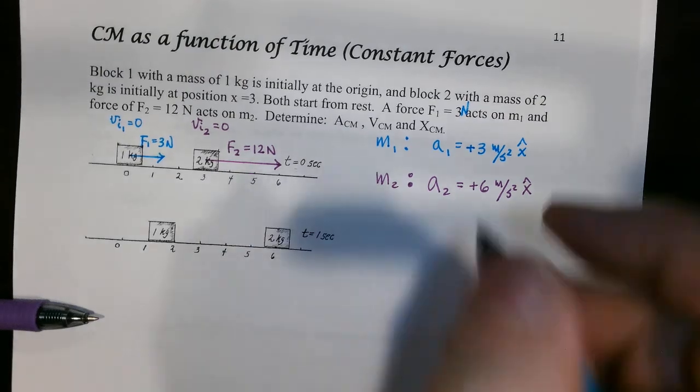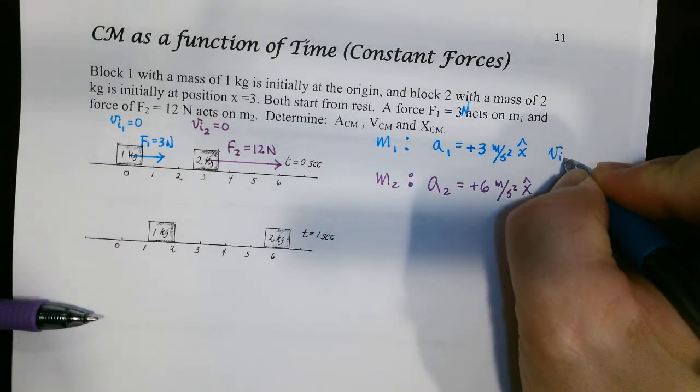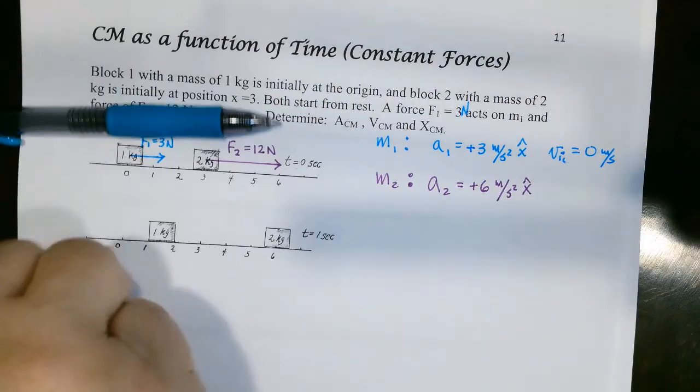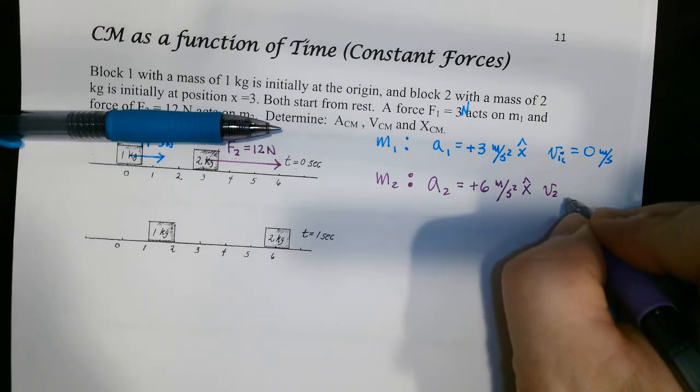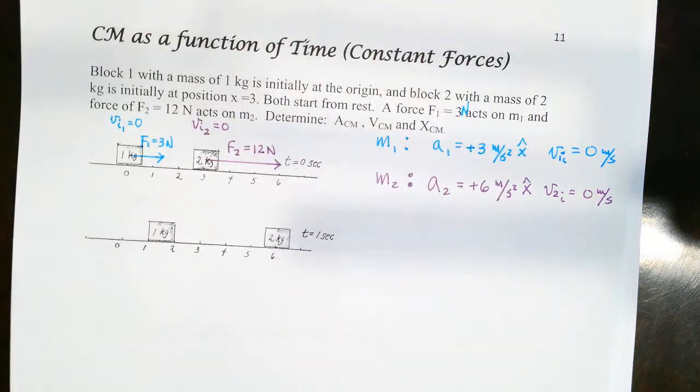And the initial velocity V1 initial, right, is equal to 0 meters per second. And V2 initial is equal to 0 meters per second. That's good to know, right?